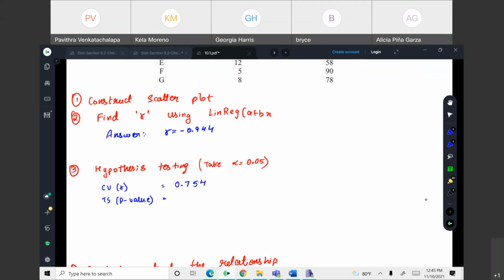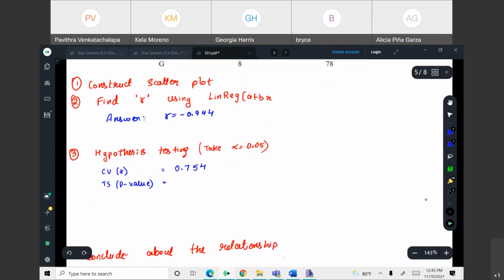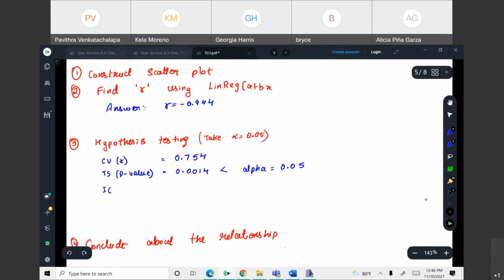Anyone with the same answer? Okay. What about P value? 0.001. And when you compare this with alpha, which is 0.05, the P value is less than alpha. Then what would be your initial conclusion?